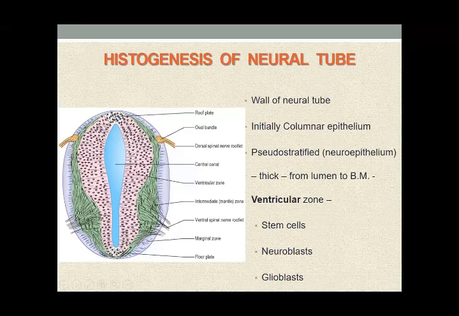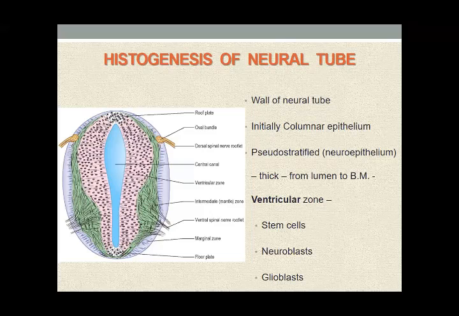These are the cells lining the neural tube. And I told you these are a single layered, pseudo-stratified columnar epithelium. So pseudo-stratified columnar epithelium lines the wall of the neural tube.